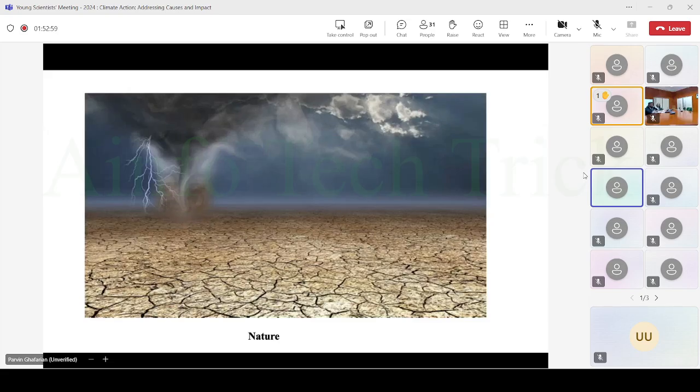Climate change is a major driver of extreme weather events, and its impacts are already being felt around the world. Addressing climate change through mitigation and adaptation efforts is crucial to reducing the risk and building resilience to these increasingly frequent and severe events.